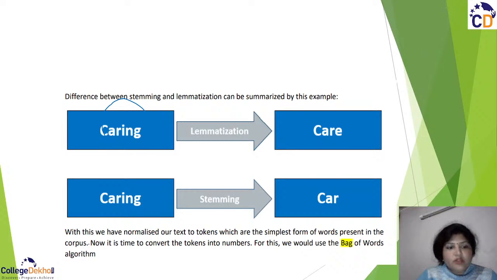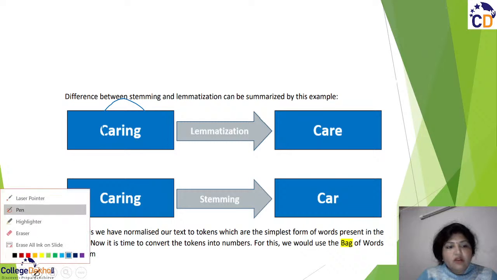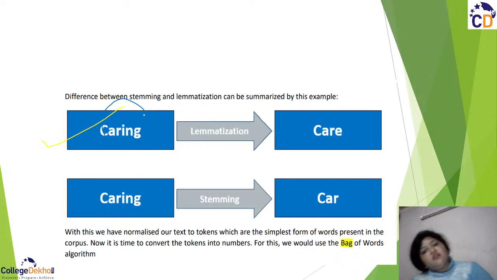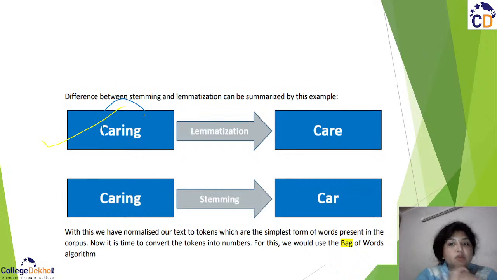We are not only talking about the removal of affixes. Lemmatization is a time consuming process, but it gives you an accurate result because it is extracting the word from the dictionary from where this word is derived. Let me give you an example.